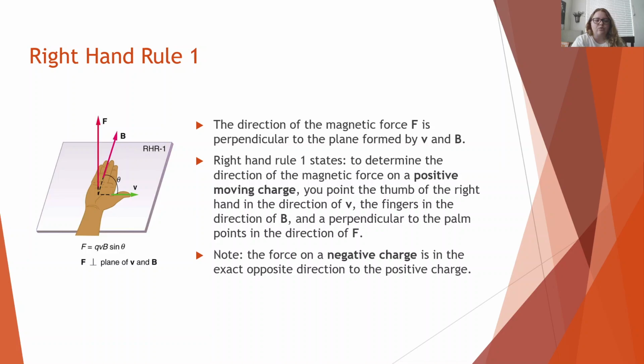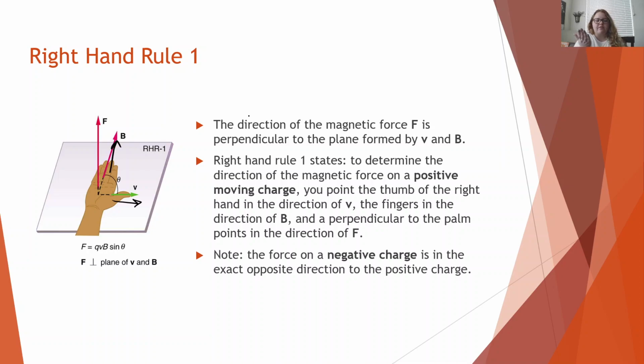With the right-hand rule, we point our thumb in the direction of the velocity. In this case, we are pointing our thumb in the direction of our velocity there. And our fingers will point in the direction of the magnetic field, B, which would be in this direction.